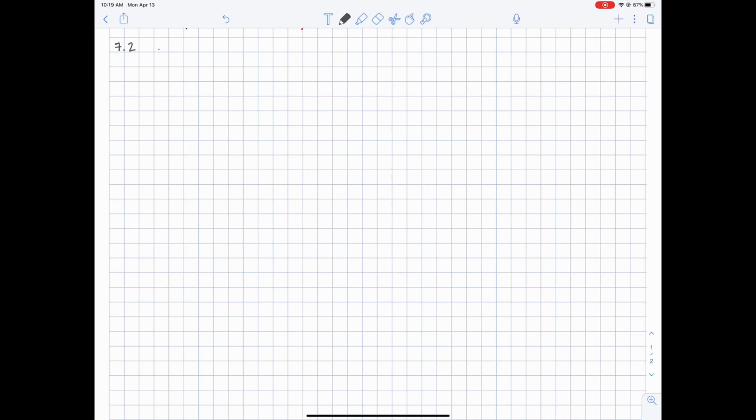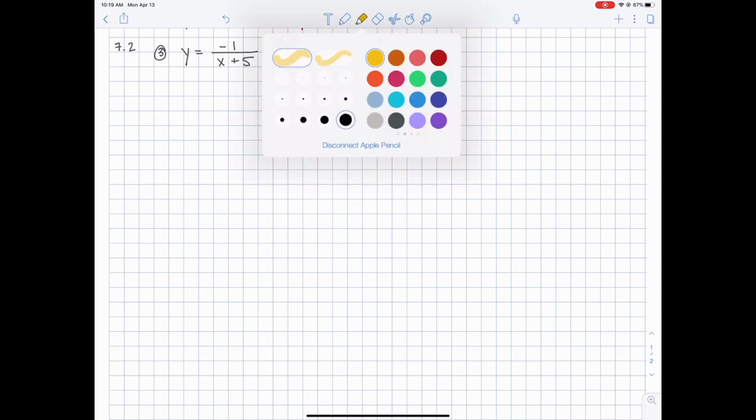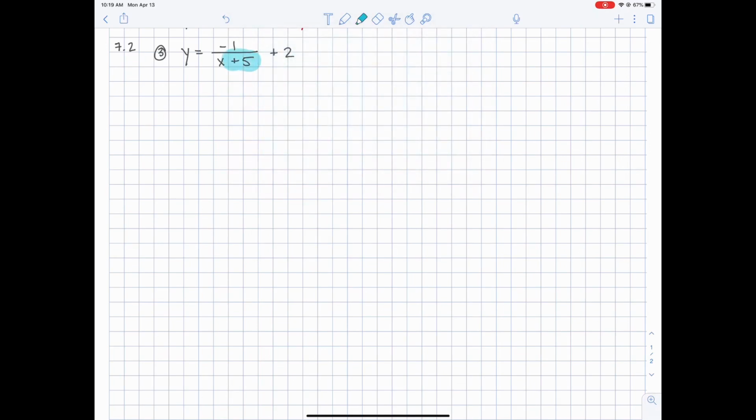So for your third problem, we have y equals -1 over x plus 5 plus 2. And I'd like you to go ahead and graph it. Okay, so first thing that I like to do on this is set up and figure out where my asymptotes are going to be.